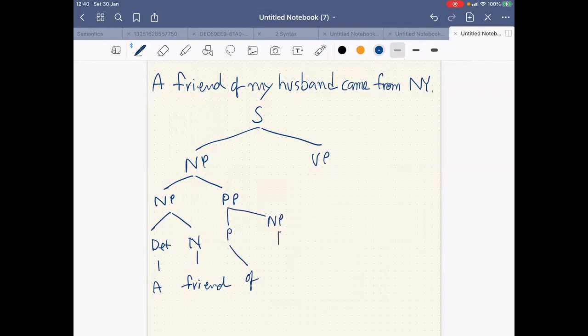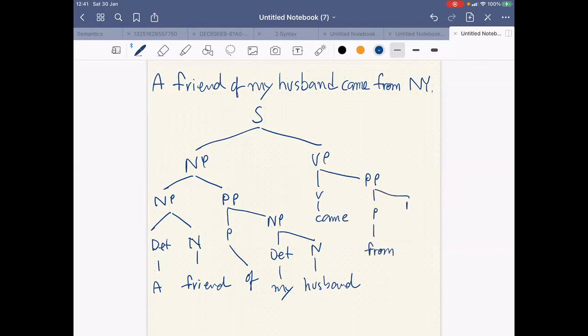So we have determiner, my and N, husband. So we are done with the NP. Now for the VP, we will have V for the verb came and PP, where we have P for from and NP, which is a proper name, New York.